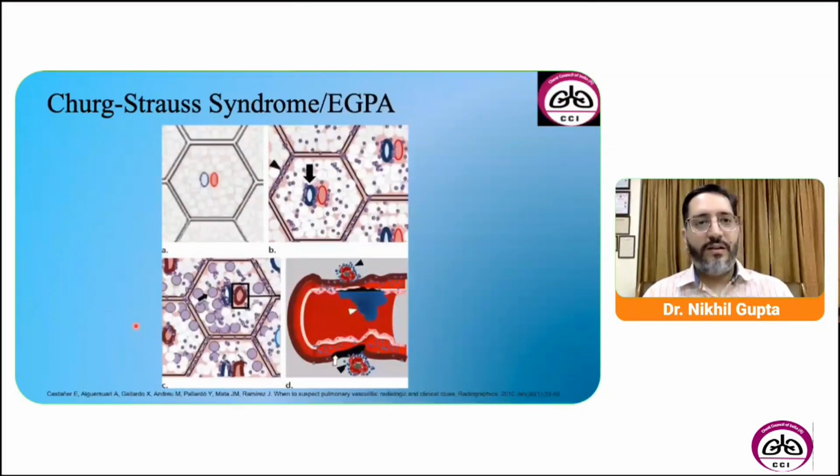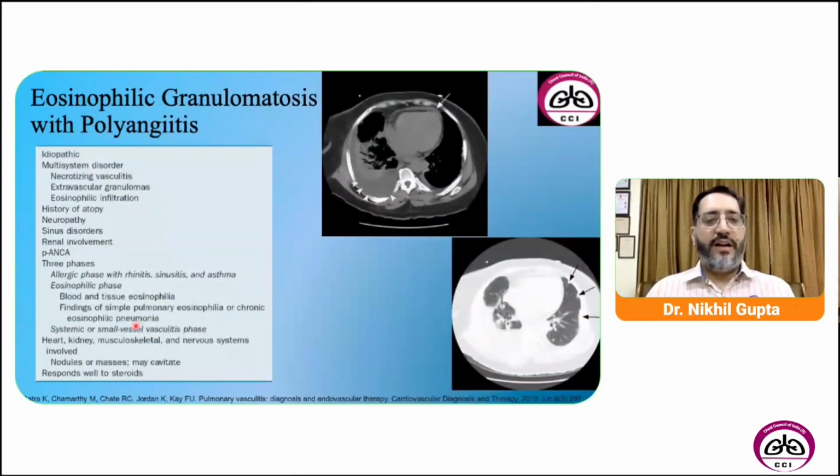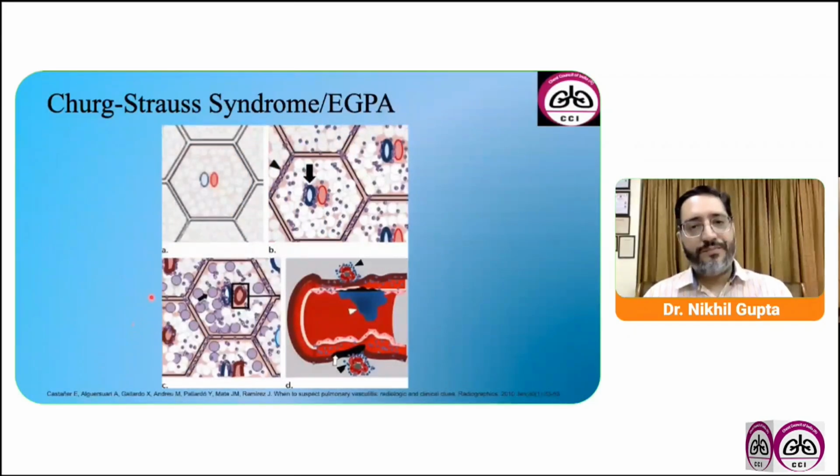Then coming to Churg-Strauss, or eosinophilic granulomatosis with polyangiitis. This is the pathophysiology as seen here. Eosinophilic infiltrates are seen infiltrating the arteries, causing plaque formation and necrosis and inflammation.